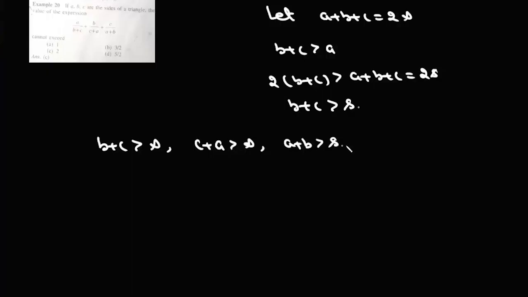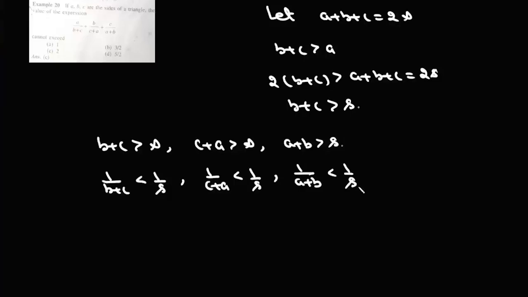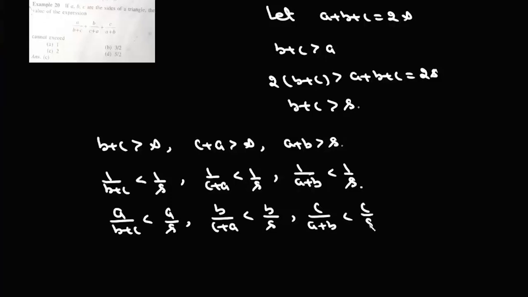Now if we take the reciprocal, we can write 1 upon b plus c will be less than 1 upon s, 1 upon c plus a will be less than 1 upon s, and 1 upon a plus b will be less than 1 upon s. Now if we multiply the first one with a, we get a upon b plus c is less than a upon s. In the same way, b upon c plus a will be less than b upon s, and c upon a plus b will be less than c upon s.